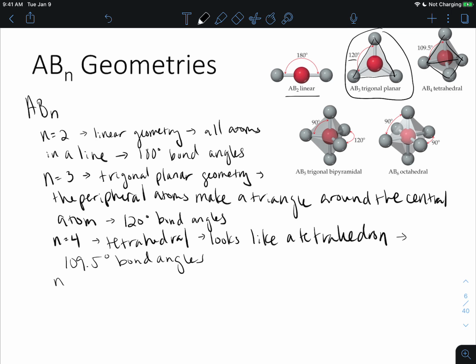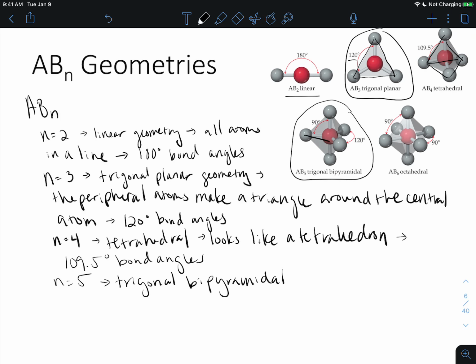Next, we have n equals 5. This one right here. And here we have what's called trigonal bipyramidal. And it's called that because we have a triangle, and on top of that triangle, we have a pyramid.